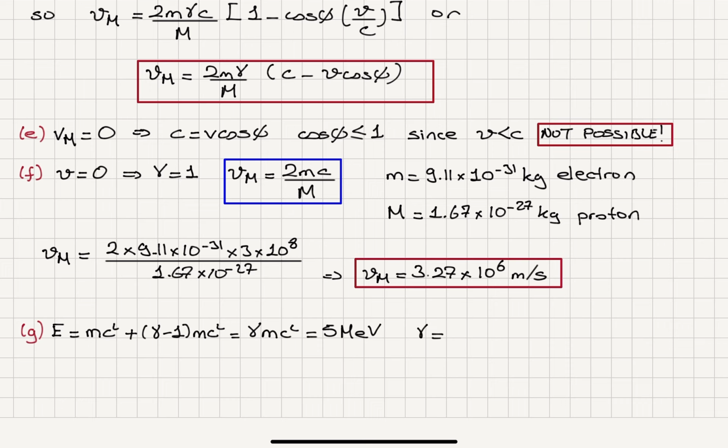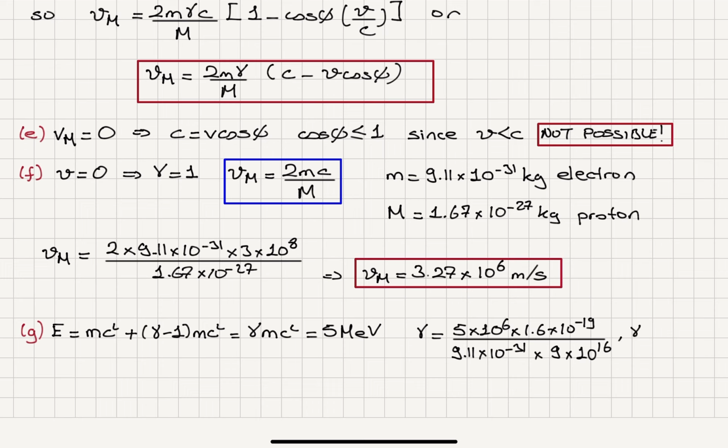Gamma is equal to 5 times 10 to 6 electron volts multiplied by the electron charge to convert to joules, 1.6 times 10 to minus 19 coulombs, divided by the rest mass of the electron, 9.11 times 10 to minus 31 kilograms times c square, 9 times 10 to 16.